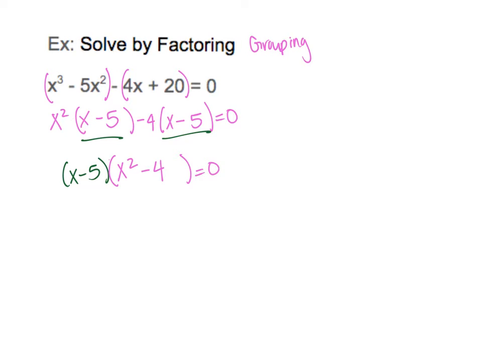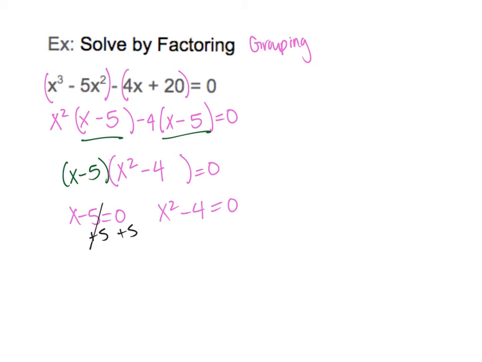Now I'm going to take each of these factors and set them equal to 0, just like how I did those quadratic equations. So I'm going to grab x minus 5, set it equal to 0, and x squared minus 4 equals 0 as well. I'm going to try to get the x by itself by adding 5 to both sides.